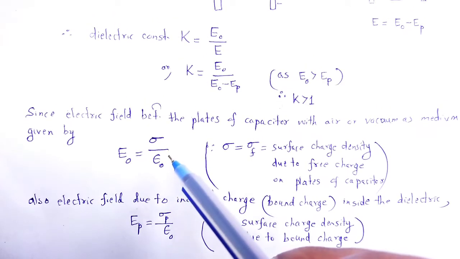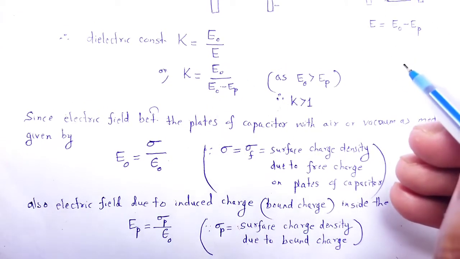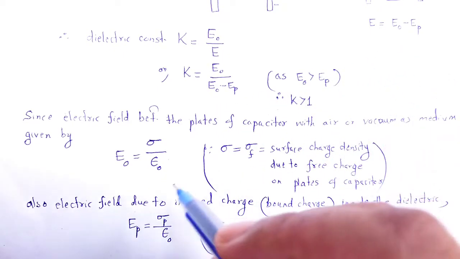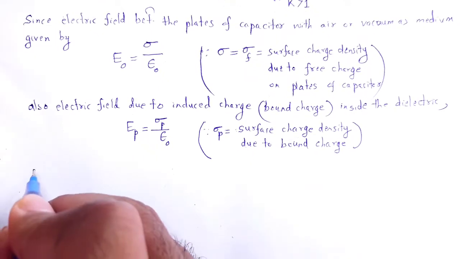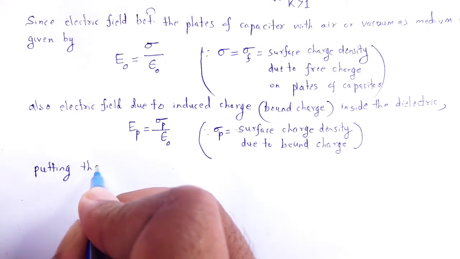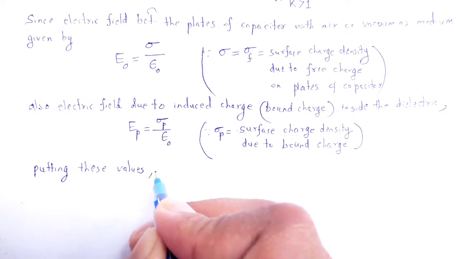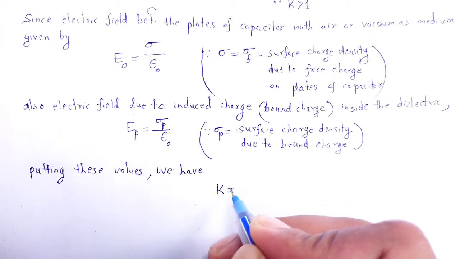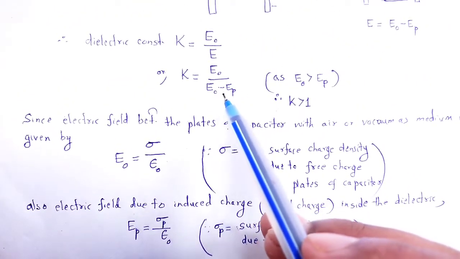Now we have to put these values in that particular equation. Putting these values, we have K is equal to E naught divided by E naught minus EP.